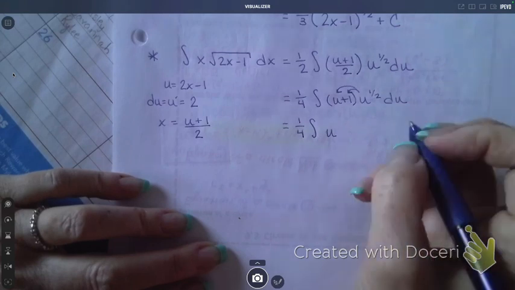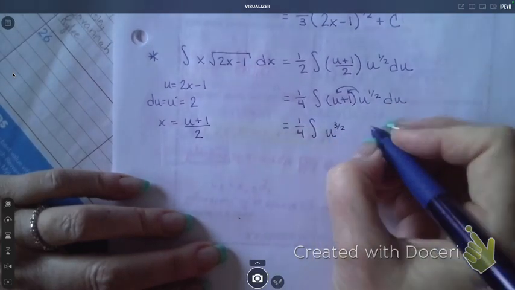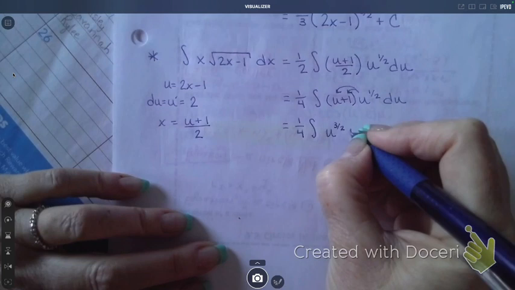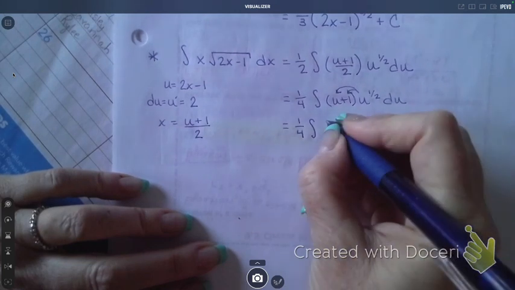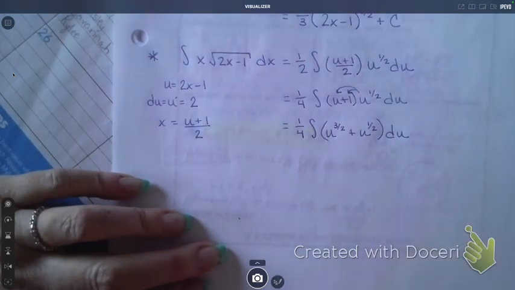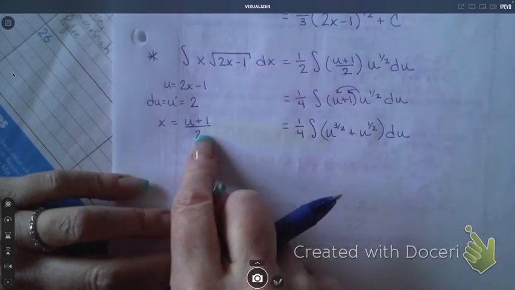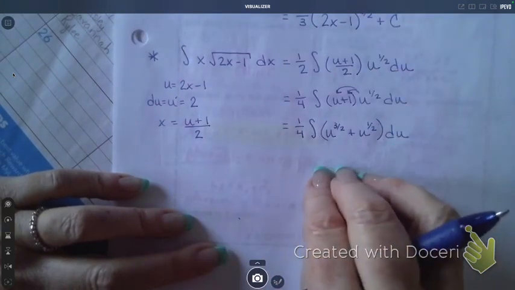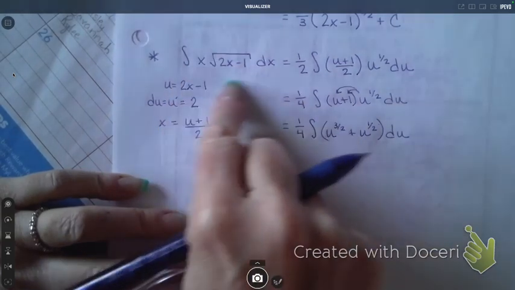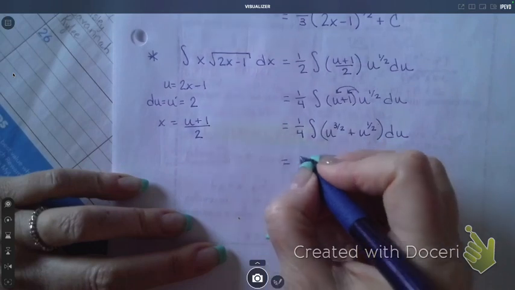Or when you multiply you add, so that'd be 1 plus 1/2 is 3/2, plus u to the 1/2 du. Now that was truly changing variable because I changed the x to a u, didn't I? Okay, now I just integrate. All that to prep to integrate. But again, think about having to integrate this. No. Okay, so we have 1/4.